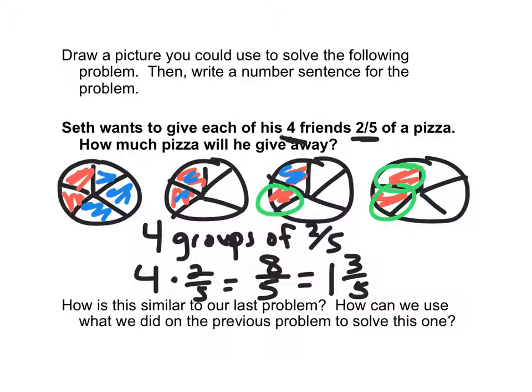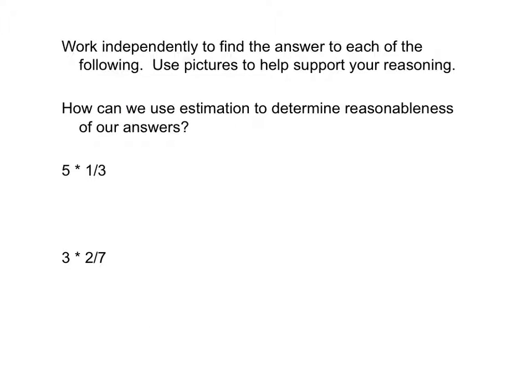So this problem is similar to our last one because we can draw out pictures to represent what we have, and we have groups, and in each group there is something there, and we can use that to then solve our problems. Now what I want you to do independently is to pause the video and figure out the answer for each one of these problems.